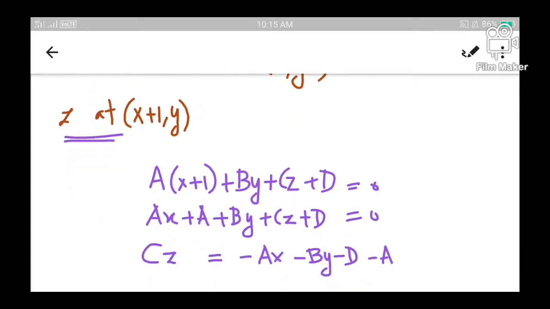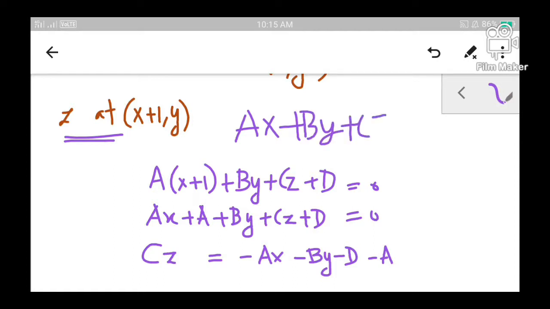So this time we are going to compute the z at position x plus 1, y. Our plane equation was ax plus by plus cz plus d equal to 0, where instead of x, we will be writing x plus 1, because we are going to compute the z at position x plus 1, y.